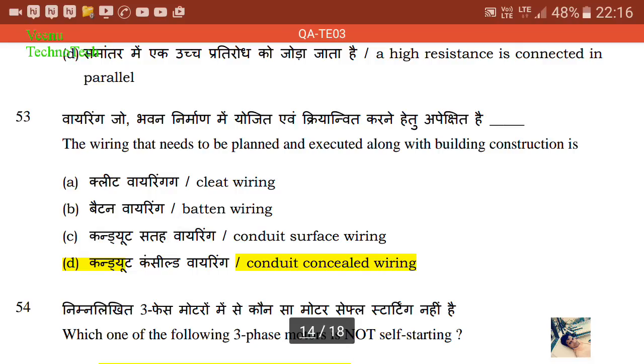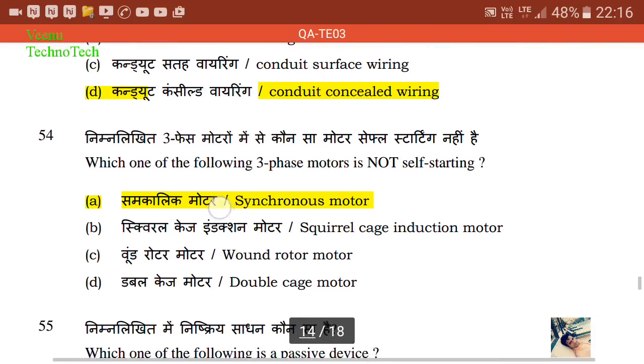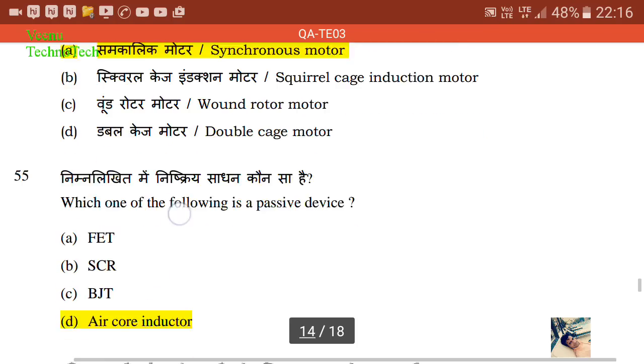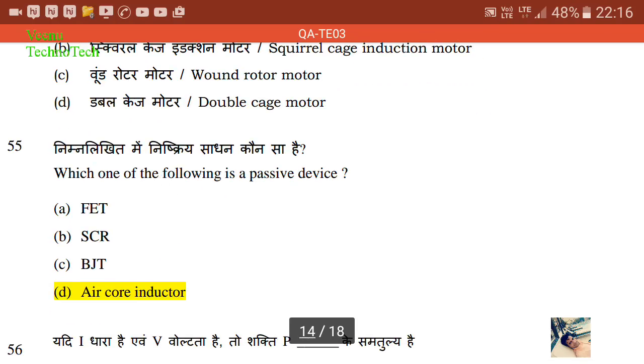The wiring that needs to be planned and executed along with building construction is conduited concealed wiring. So correct answer is D. Which one of the following three-phase motors is not self-starting? Synchronous motor is not self-starting. So correct answer is A. Which one of the following is a passive device?